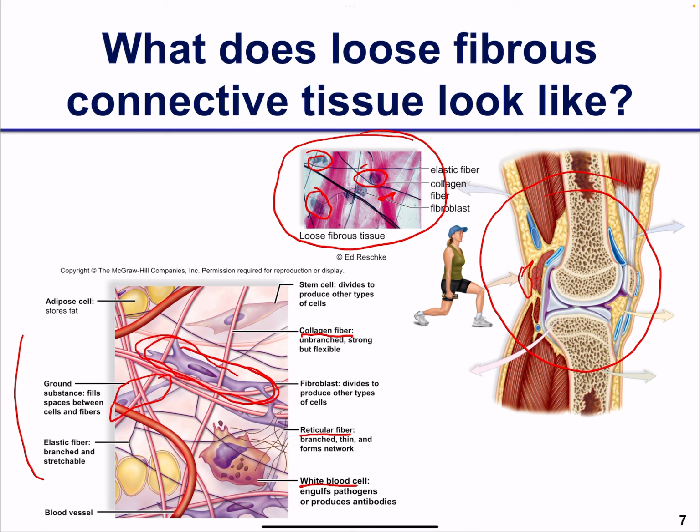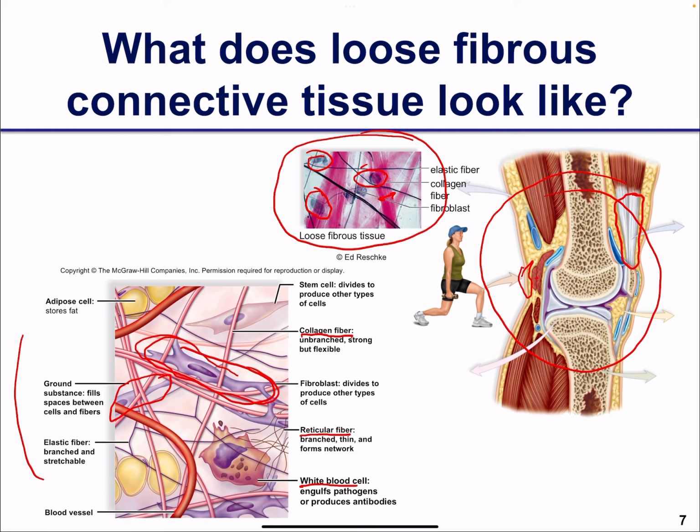The dense connective tissue is going to be found in places such as the tendons, right here, where the collagen fibers and elastic fibers are so tightly packed together, and the fibroblasts trapped in between, that they're going to look dense.